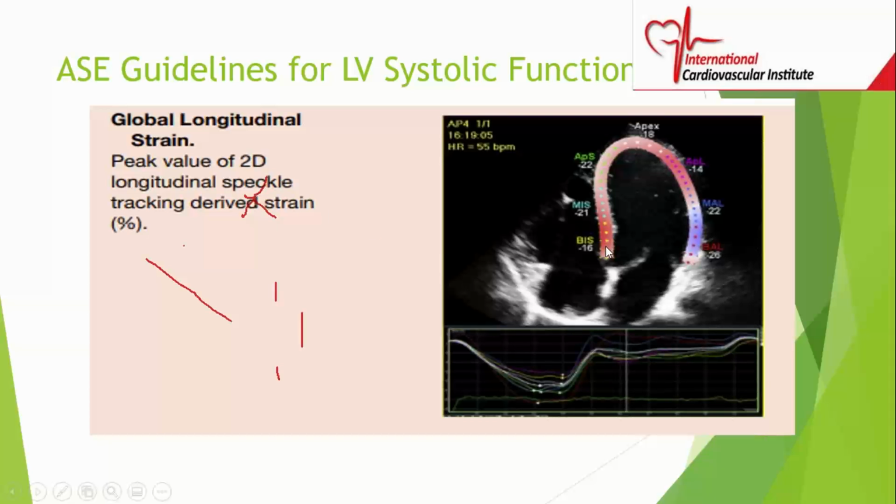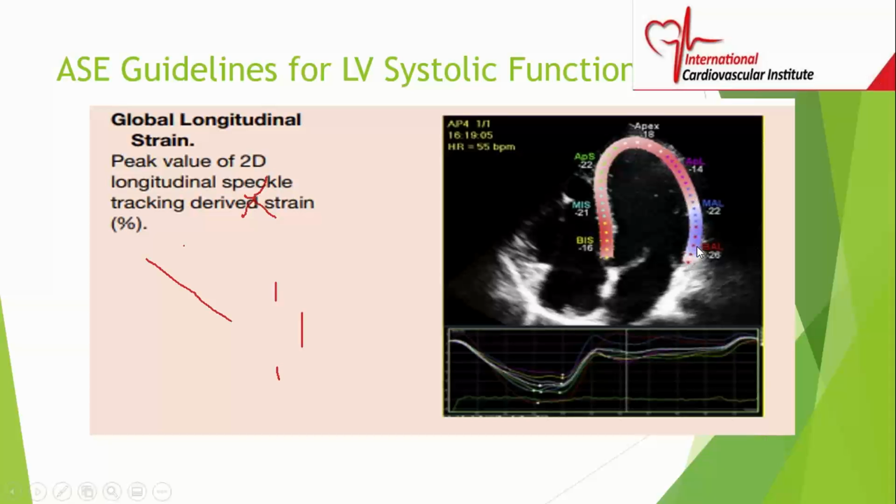But what we do is, so this is the LV wall, and we divide the LV wall into segments. So that is how we look at the heart. We divide the heart into segments, and if we have the apical four-chamber view here, we have the basal segment, the mid segment, and the apical segment. And then again, apical, mid, and basal.